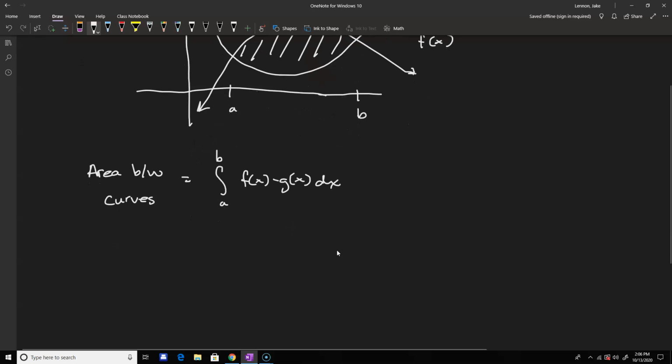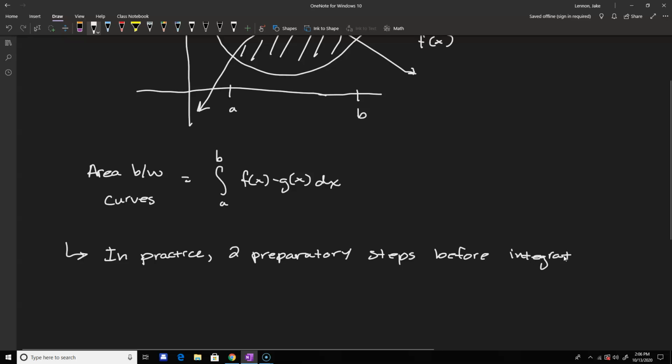In practice, usually this requires two preparatory steps to set up the integral. One of those is you actually have to find the limits.